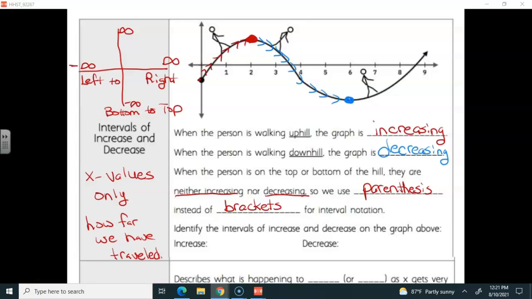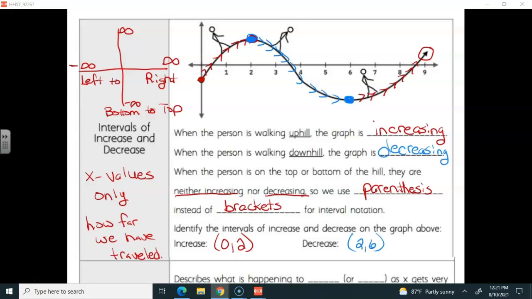Okay, so let's go back to our graph. If we continue to walk, we are going to increase, and since there's an arrow at the end of this, it means it's going to go on to infinity. So let's label our interval of increase. So we started here at 0 and we go to 2 using parentheses. That is increasing. And then we are decreasing from 2 to 6.